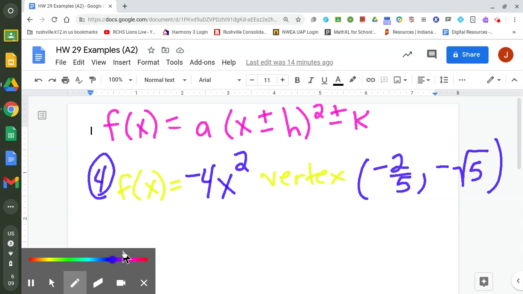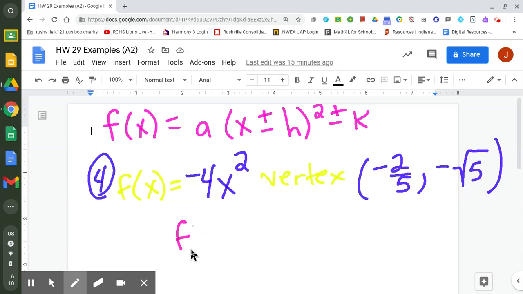Okay, number 4 asked me to write the function whose graph has the shape of the graph f of x equals -4x squared and has a vertex of (-2/5, -√5), or negative square root of 5. So again, I'm going to put it in the format of that pink. So I've got f of x equals, and then my shape.